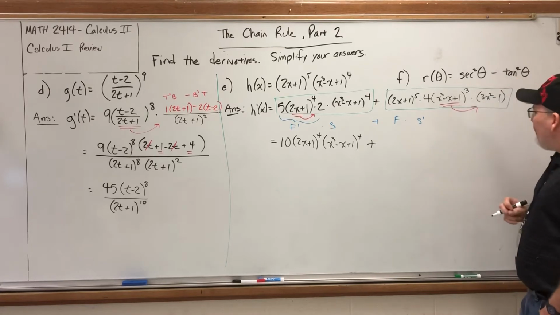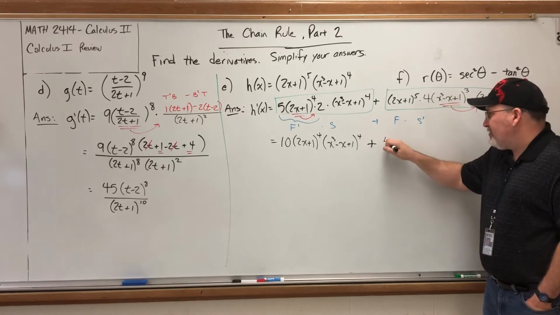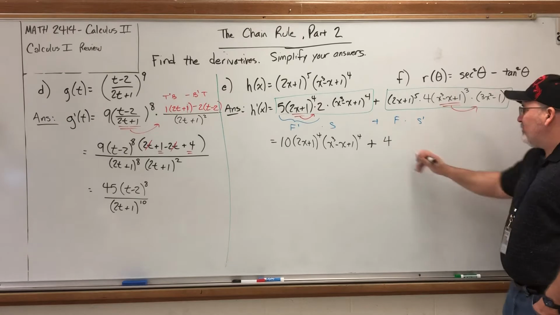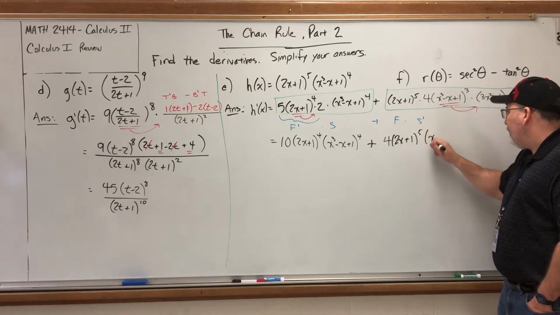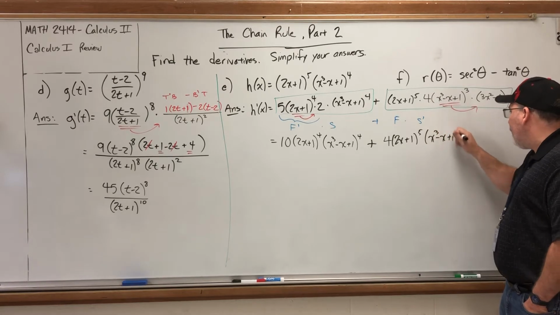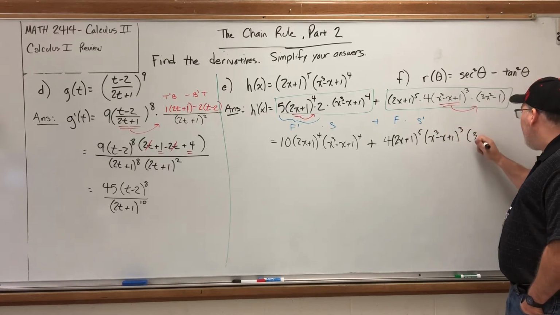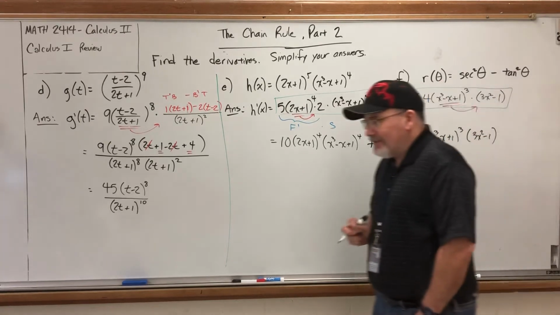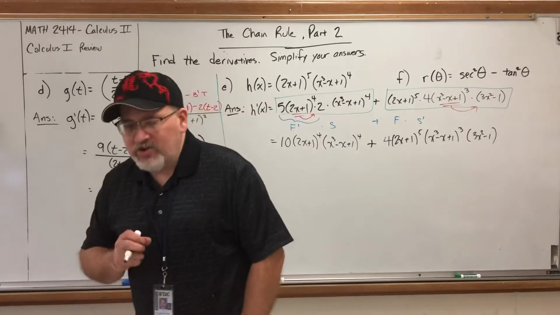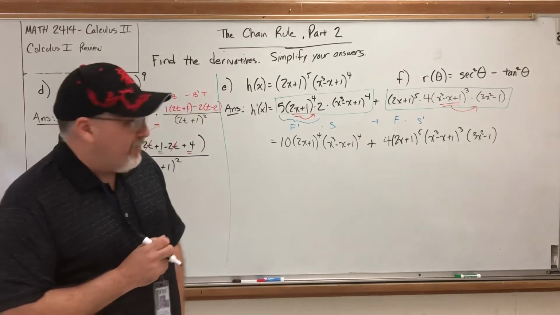I think the only thing I'm going to do at this point is rewrite it with a constant in front and then just write all the factors: (2x plus 1) to the fifth, (x cubed minus x plus 1) to the third, and then 3x squared minus 1. So it doesn't look like a whole lot happened. Really the only thing I did was multiply 5 times 2 and rearrange the order in which I write some things.